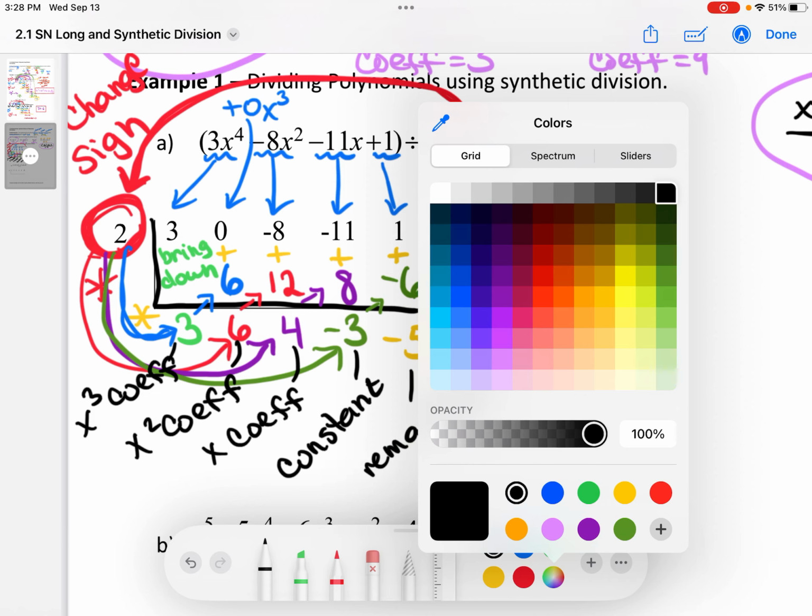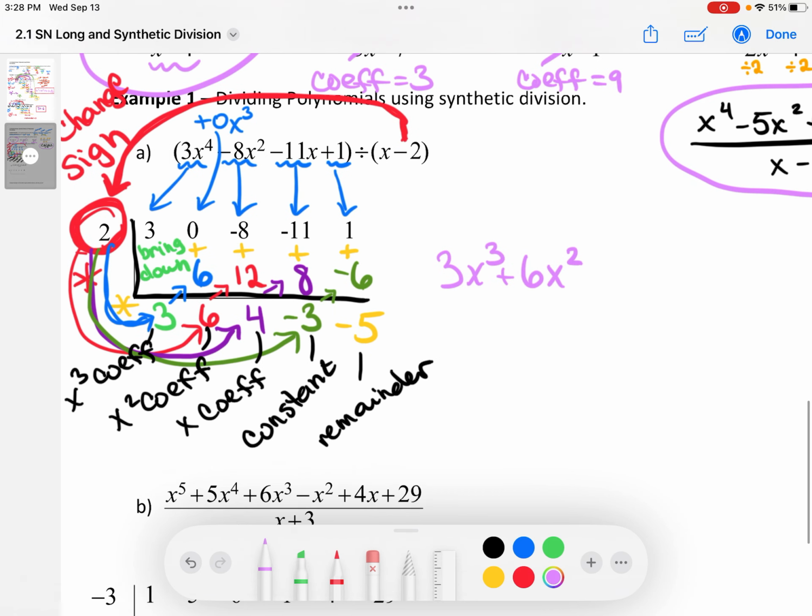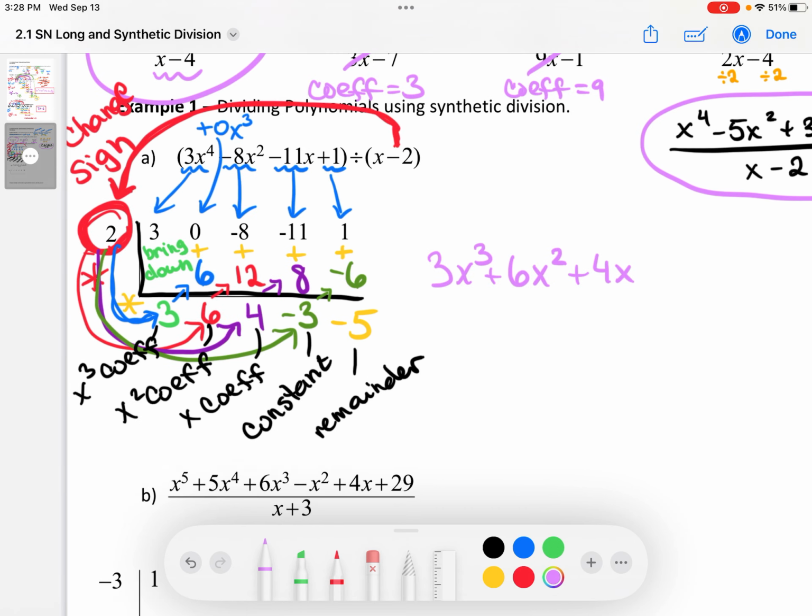So, what this means for our answer: our 3 is the x to the third coefficient, 3x to the third. 6 was our x squared coefficient, so plus 6x squared. We keep going. Next was 4. That was the x coefficient, so plus 4x.